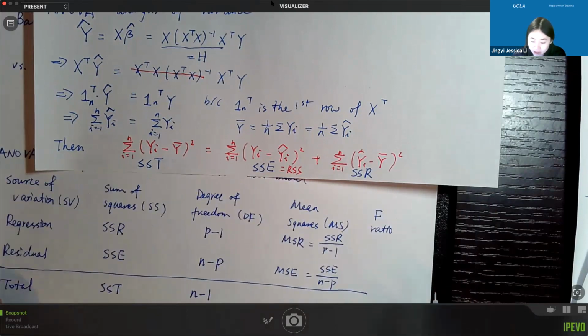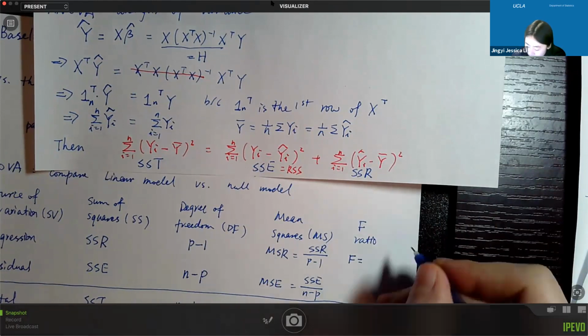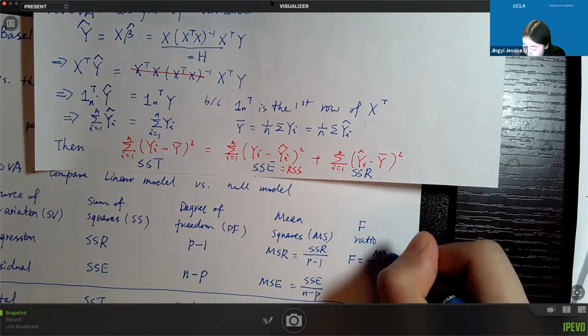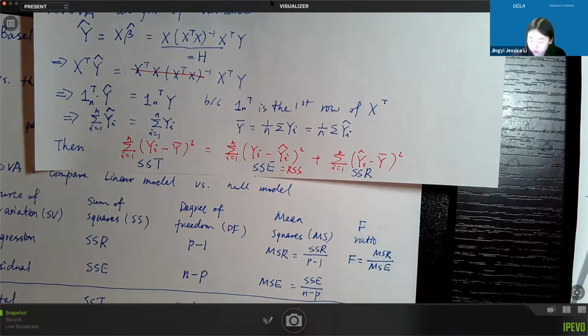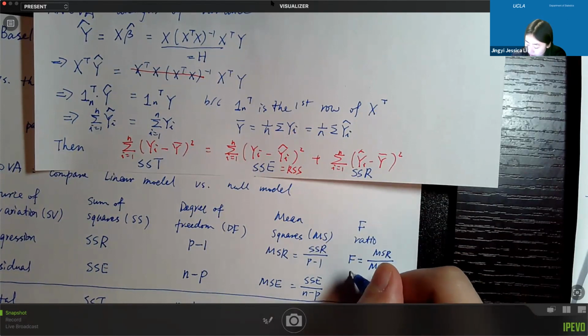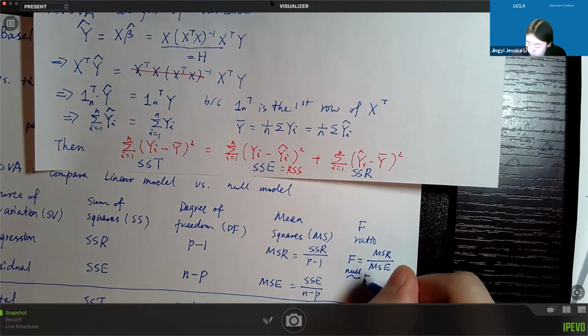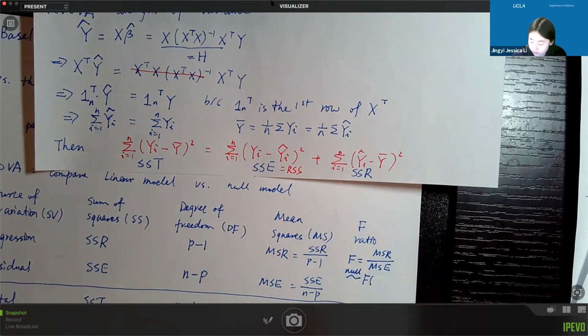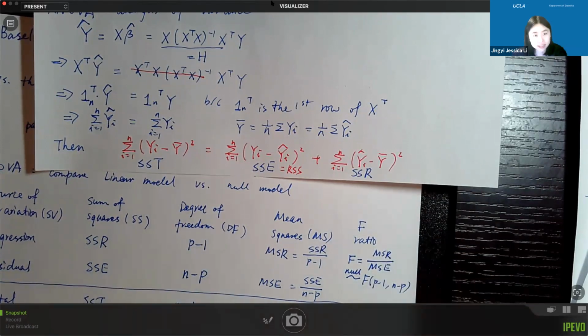That is our F statistic, and here you can just define it as MSR over MSE. This F statistic under the null hypothesis, that is, if you are under the null model, will follow an F distribution with 2 degrees of freedom, p minus 1 and n minus p. That's it.